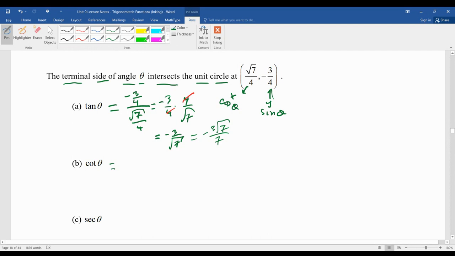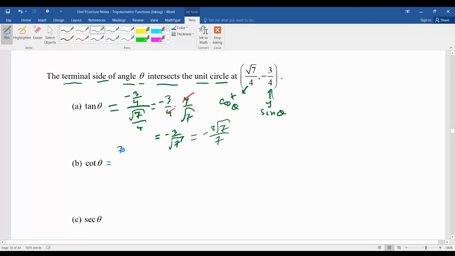Now with regards to cotangent, cotangent is opposite of tangent. If tangent is y over x, cotangent will be x over y.